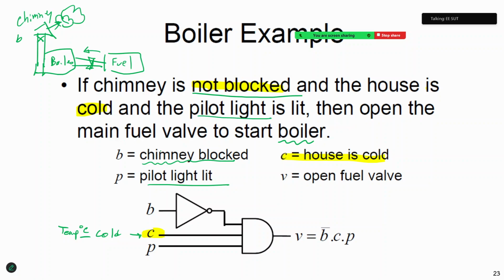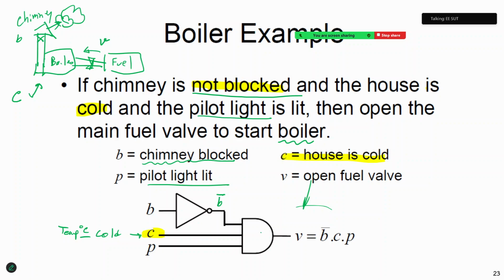Then open the main fuel valve. V here is the fuel valve, and we turn it on. So if the chimney is not blocked, it is B inverse.